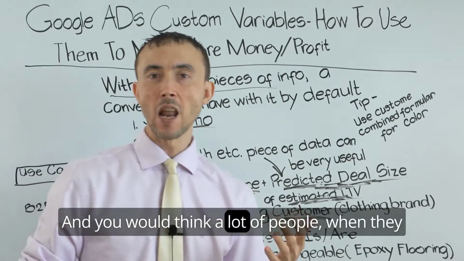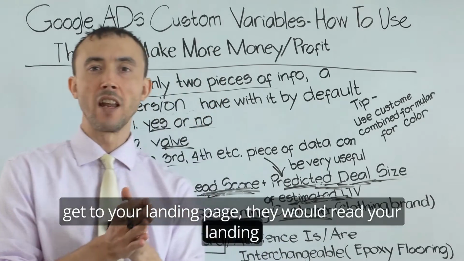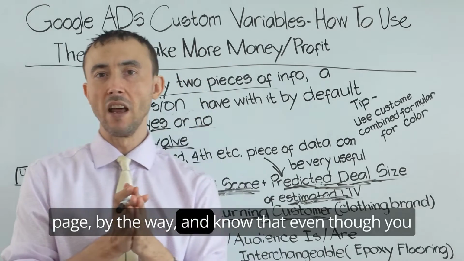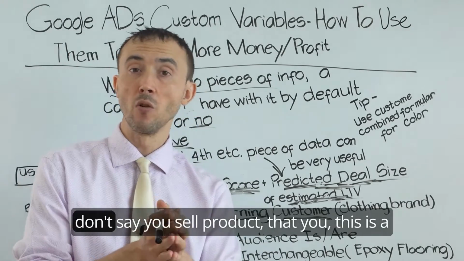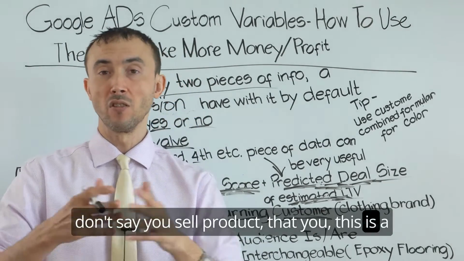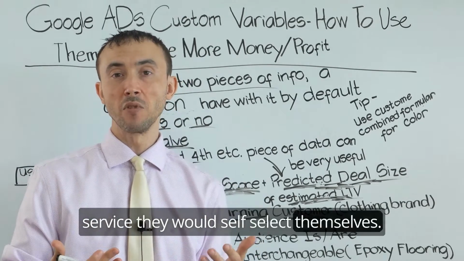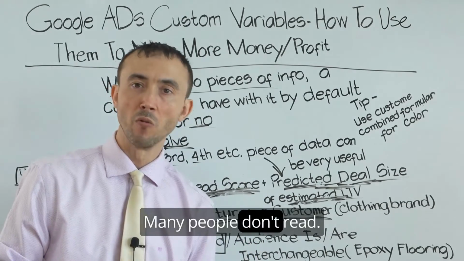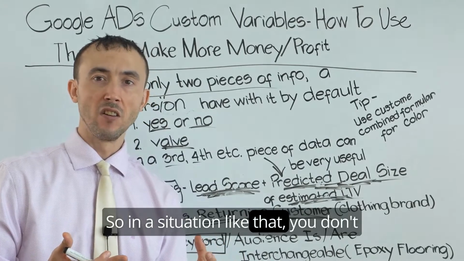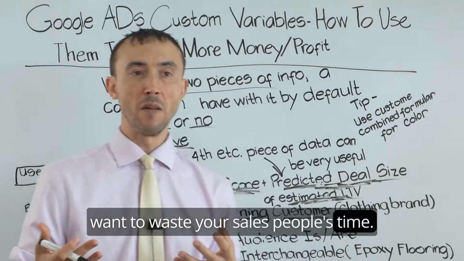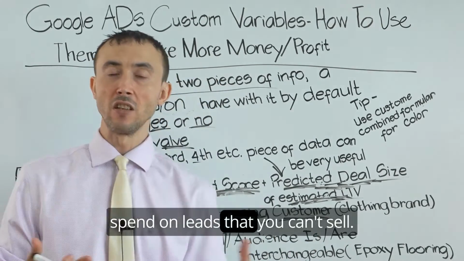And you would think a lot of people, when they get to your landing page, would read it, by the way, and know that even though you don't say you sell product, this is a service, and they would self-select themselves. Many people don't read. So in a situation like that, you don't want to waste your salespeople's time. You don't want to waste your ad spend on leads that you can't sell.